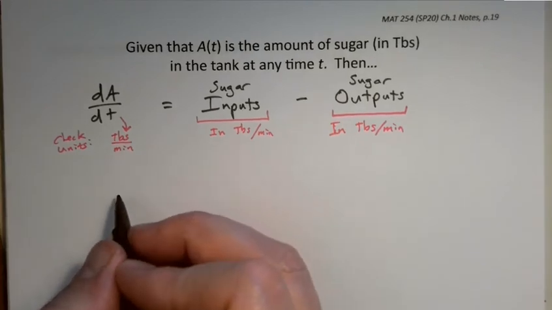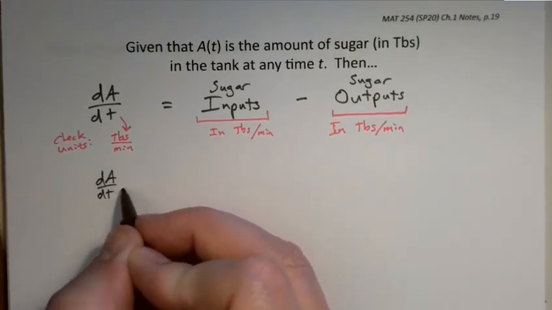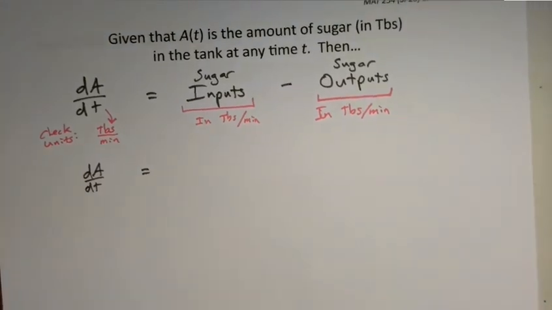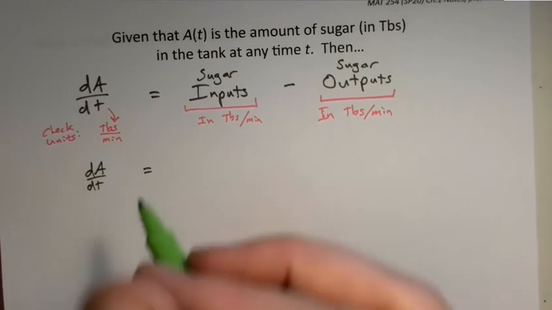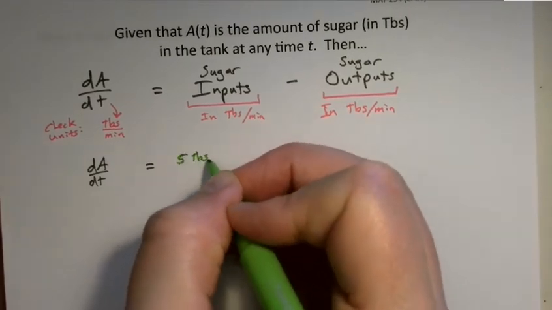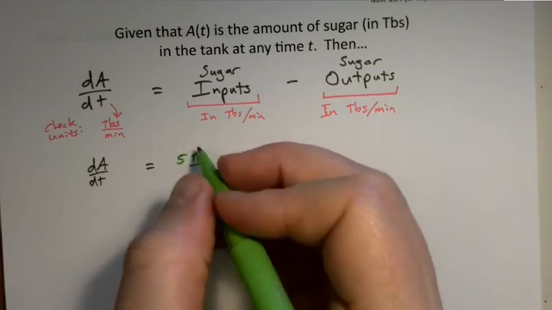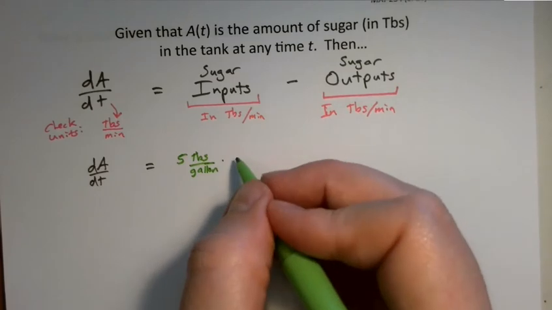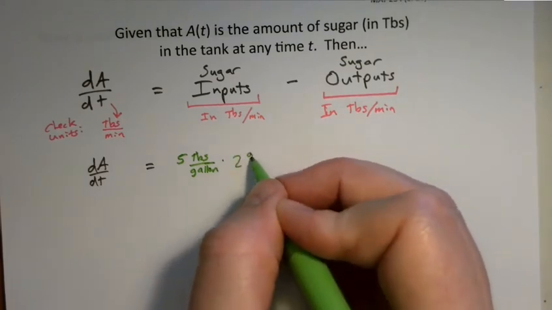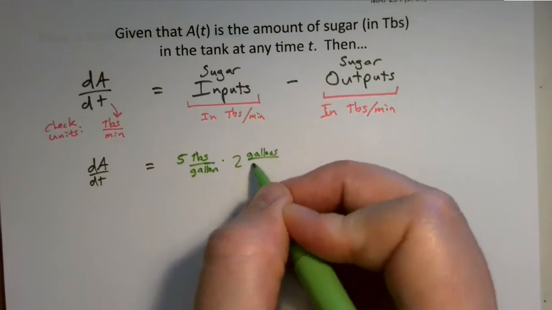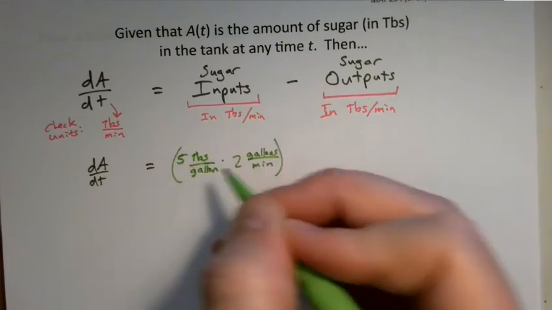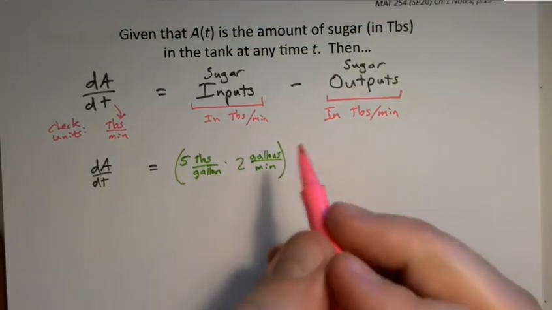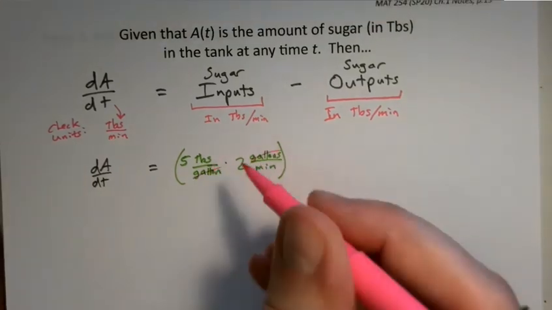And so we're going to have dA/dt equals, then on this side my sugar inputs were the green one, which was 5 tablespoons per gallon times 2 gallons per minute. That was my green input. And so notice what happens to the units. If I do this right, the gallons cancel with gallons and I'm left with tablespoons per minute.